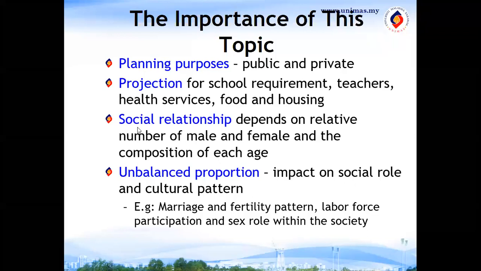So these are the possible impacts of imbalance between the groups in the population, particularly male and female, and also the different age groups. So it's quite important to know the information with regard to the age structure or population structure.